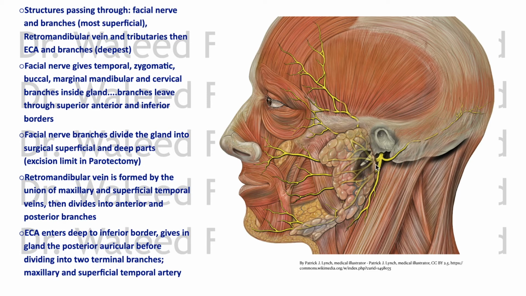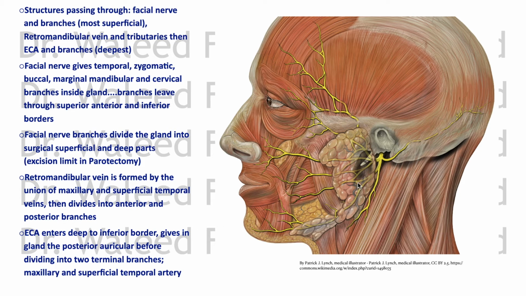So this will be your limit. It divides surgically the gland into superficial and deep parts. And of course, part of the superficial lobe of the gland is deep as well because of the facial nerve. You got it? So this is surgical landmark, the facial plane. Not anatomical, it's surgical landmark.